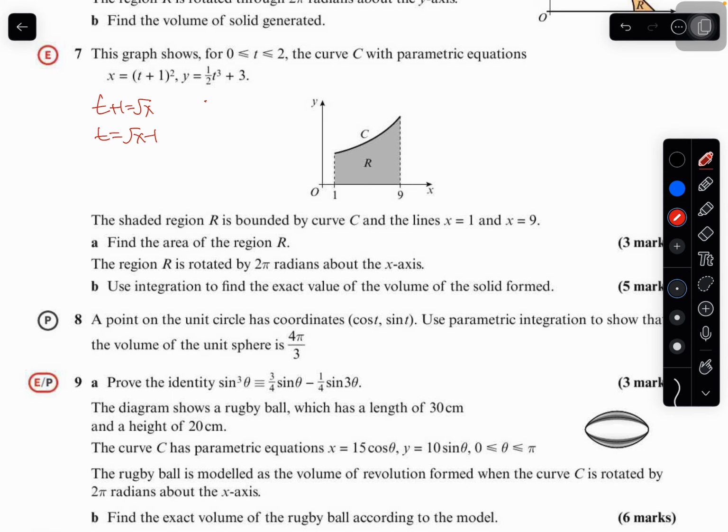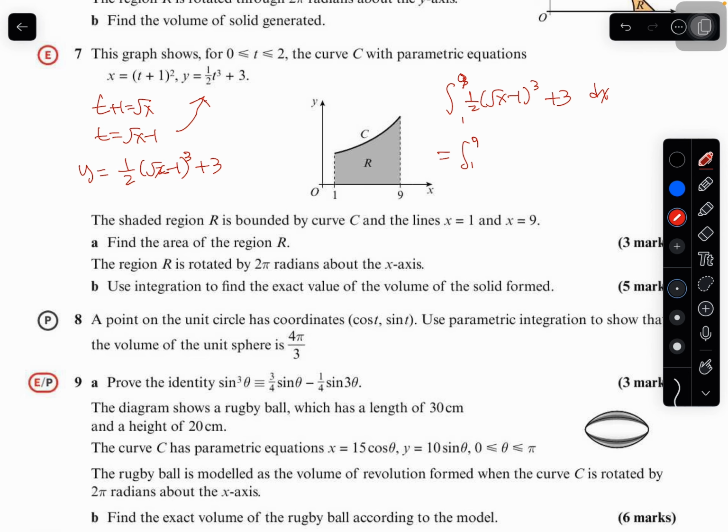Here t equals the square root of x minus 1, because t is between 0 to 2, so the square root cannot be negative. So let's put it here. y is 1 over 2 times (square root of 2 minus square root of x minus 1) cubed plus 3. So the integral of that between 1 to 9 dx.